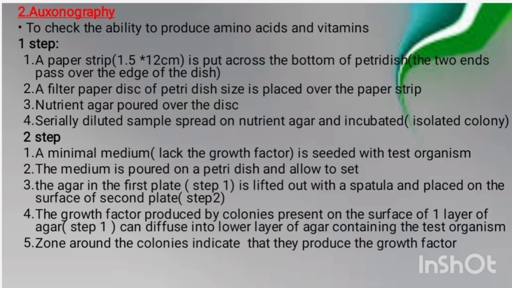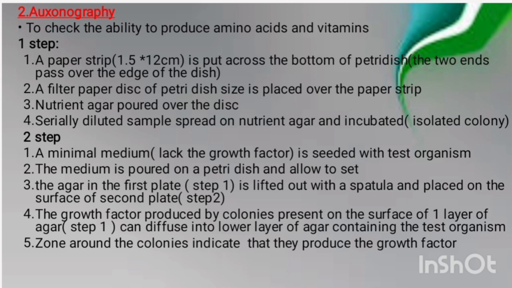The zone of stimulated growth of the test organism around the colonies is an indication that they produce the growth factor. This is the Auxinography method.